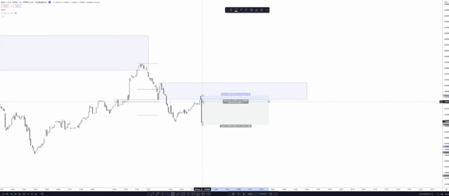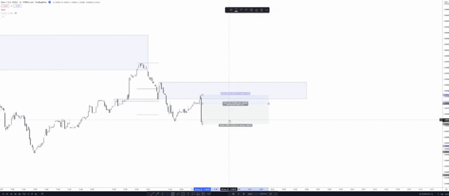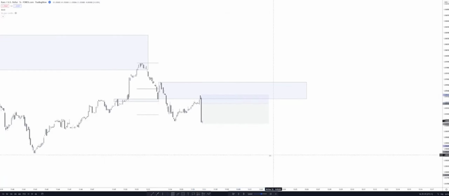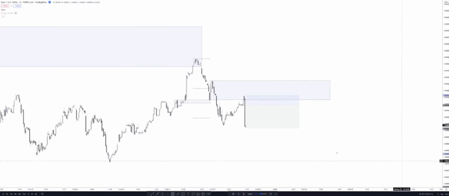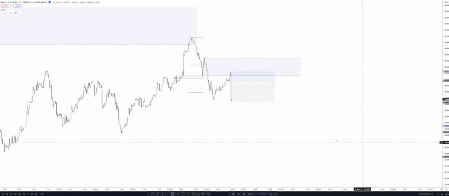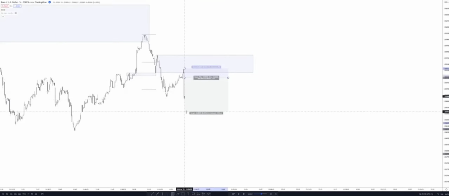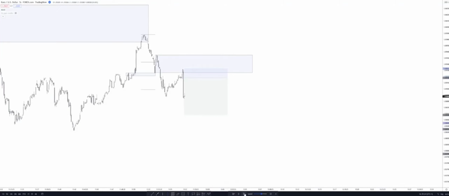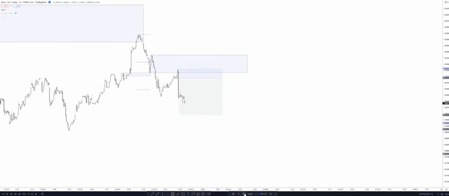Price was very volatile today. I was using slightly larger stop losses, so 1.5. And this trade actually occurred when I was making my lunch. It was kind of out of my session hours, so I didn't actually catch this one. I can't remember what sort of stop loss you would have needed to get involved in it.